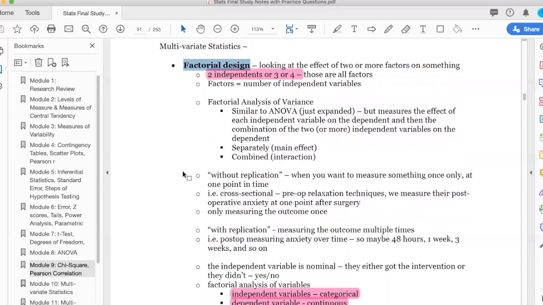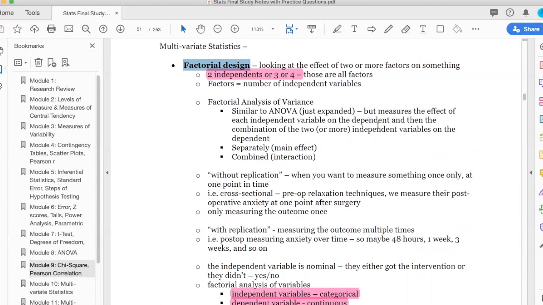So it's really similar to an ANOVA, but it measures the effect of each independent variable on the dependent, and then it combines all of the variables and tells you what the effect is on the dependent variable as well. So you get two different groups of effects.